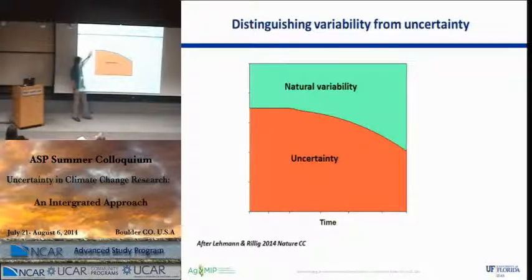So the variability will not go away. We hope over time the uncertainty will be reduced by knowing more about the system. But by being more sophisticated, we might increase natural variability by being able to consider more situations, more soils, more points, and so on.